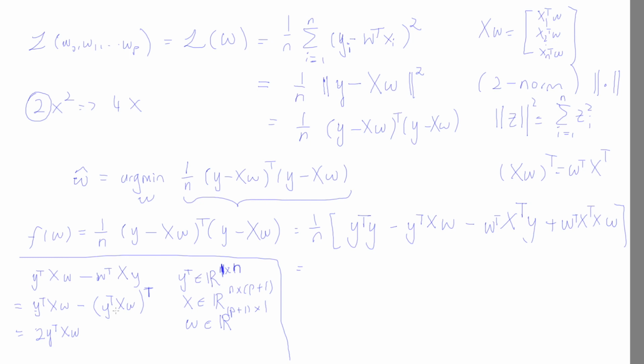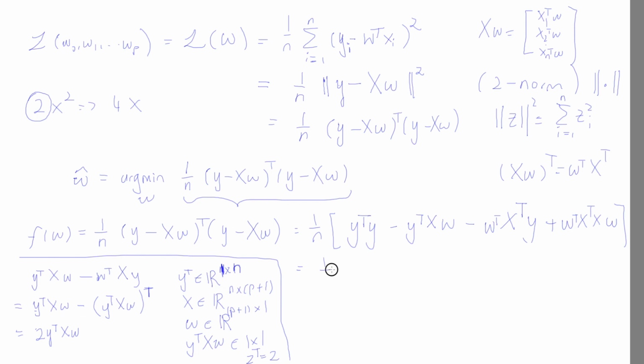If I multiply y transpose by X, I get a 1 by n times an n by p plus 1, so that's a 1 by p plus 1. Then I multiply by w, which is p plus 1 by 1. So what I get in the end is a 1 by 1 matrix, which is just a scalar. And if I transpose a scalar, it doesn't make a difference. 2 transpose is just 2. So I can just combine these terms.